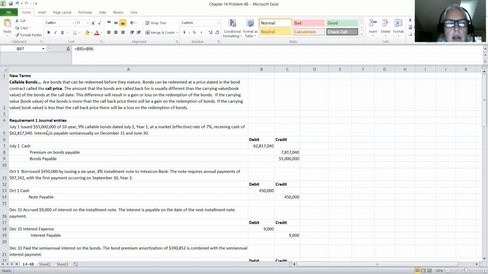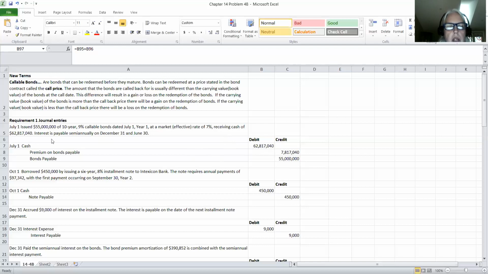In this case, the face value of the bonds is 55 million. The difference between the cash that you are receiving for the bonds and the bonds payable face value amount is a premium, and that premium results because the contract rate of interest is higher than the market rate of interest.